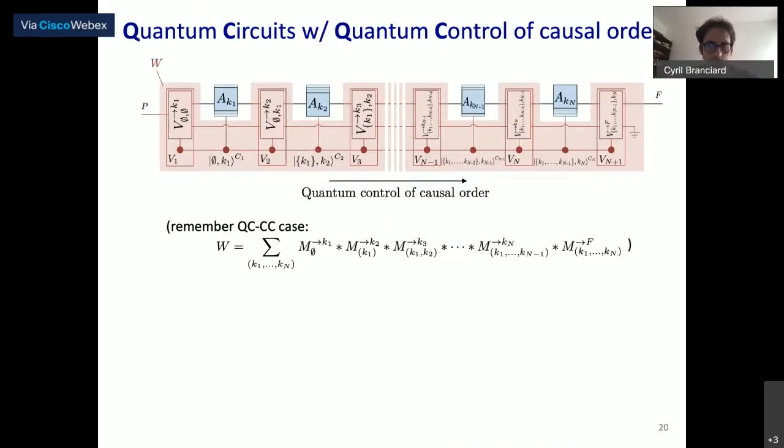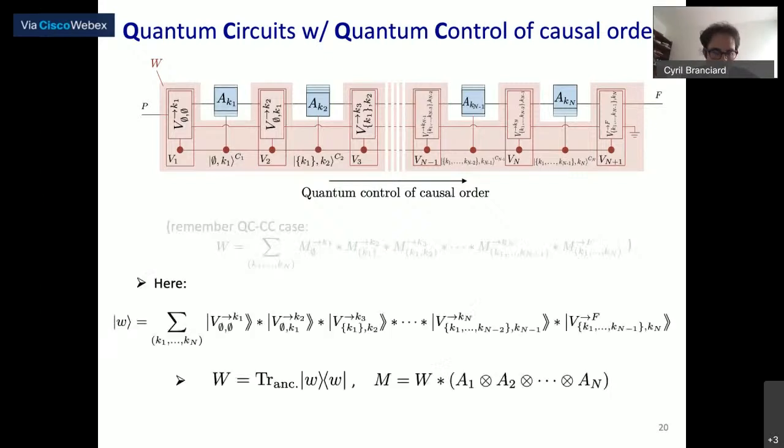So again, in this framework, we want to describe such a quantum circuit with quantum control in terms of a W matrix. So if we remember the previous case of a quantum circuit with classical control, we had this incoherent sum of different terms corresponding to different orders. And now the way we can obtain the process matrix here is, instead of having an incoherent sum, to have a coherent superposition of different terms corresponding to the different orders.